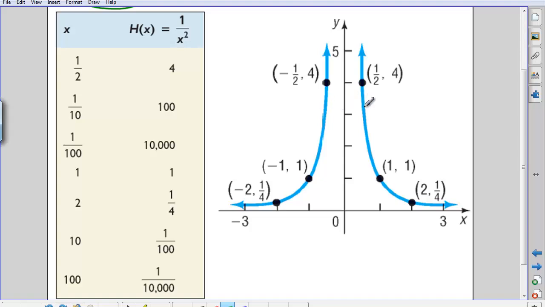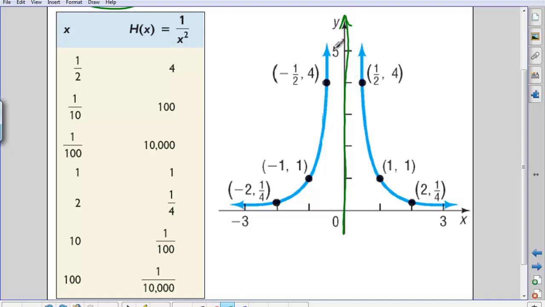And what's interesting about the shape of this graph, and we've seen something kind of like this with the reciprocal function back in section 3.4, is the behavior near the y-axis. As this left side gets closer to the y-axis, it gets closer and closer and closer, but it never actually touches the y-axis.